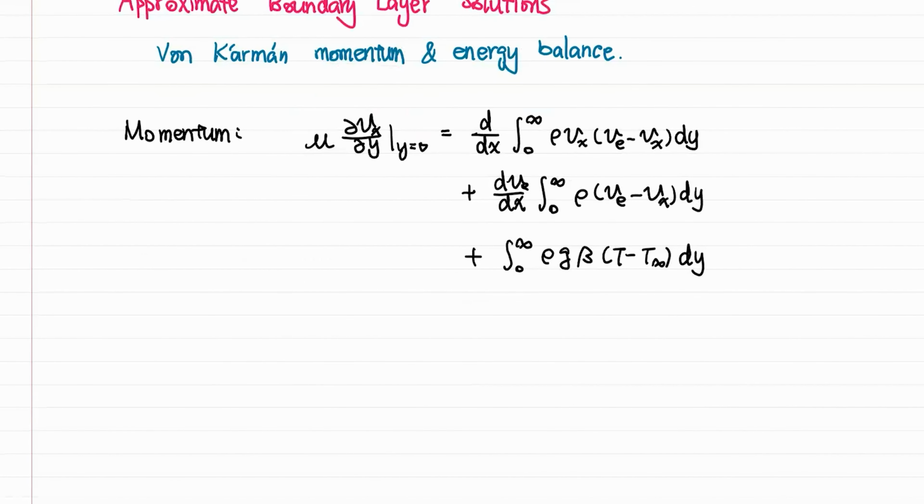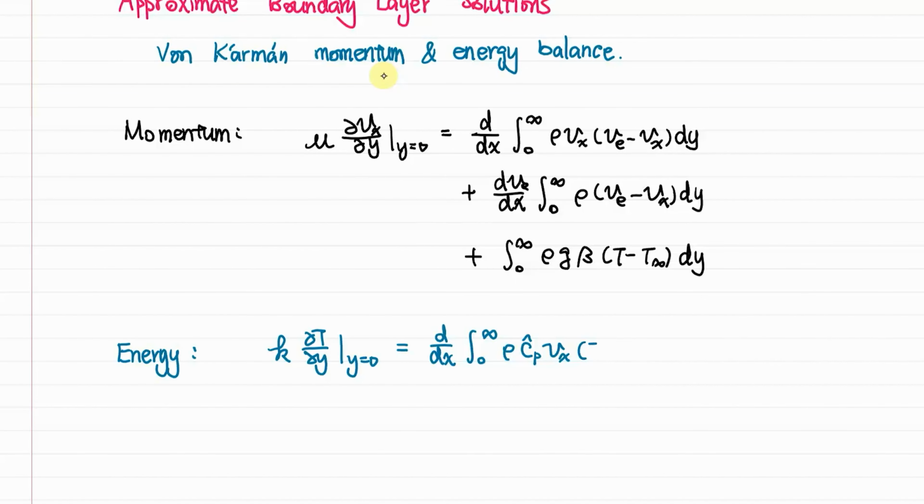Now let's take a look at the energy equation. So energy, we have the thermal conductivity times partial T partial y at y equals 0, again at the solid surface. So the thermal conduction at the solid surface equals d dx times the integral from 0 to infinity of rho Cp Vx times (T infinity minus T) dy.